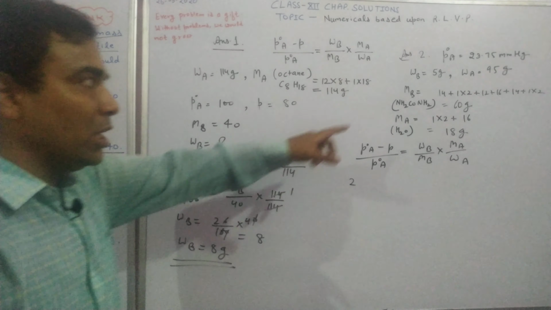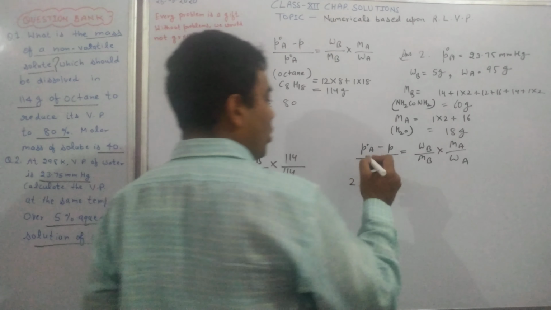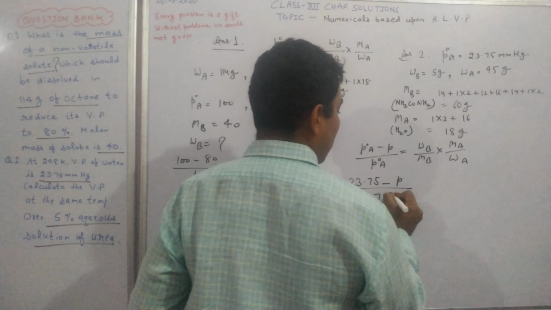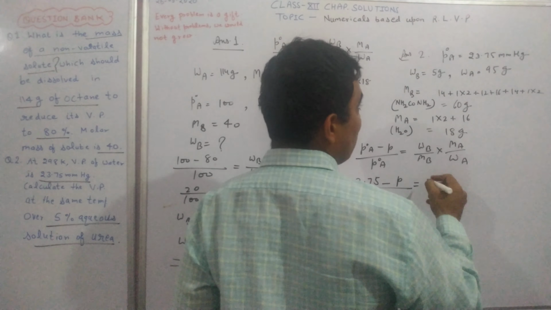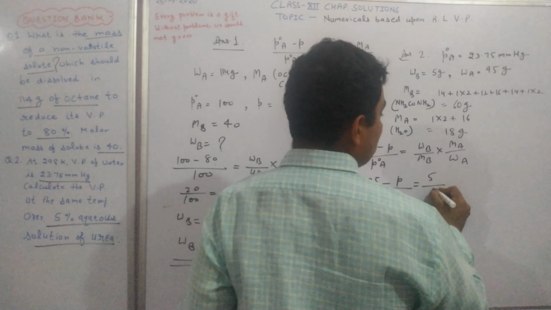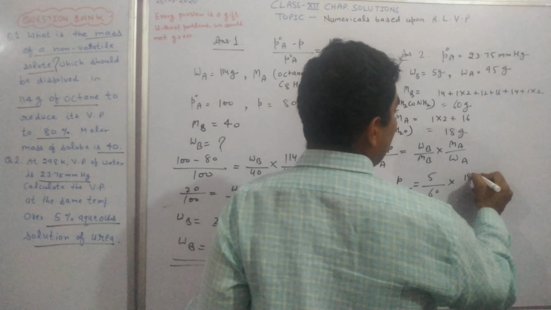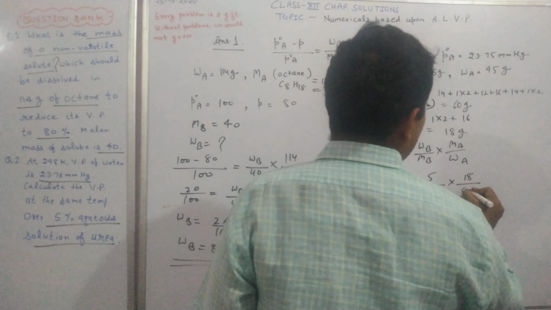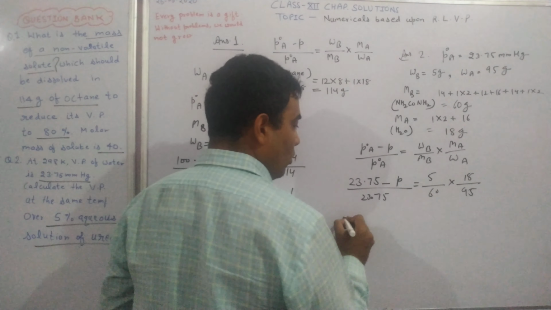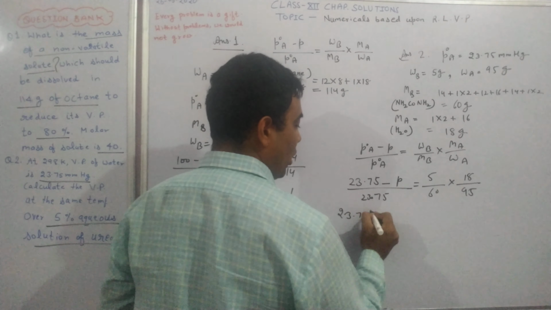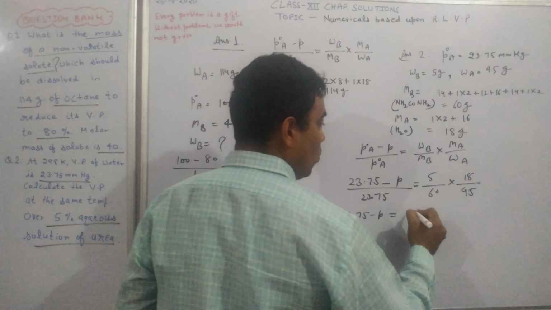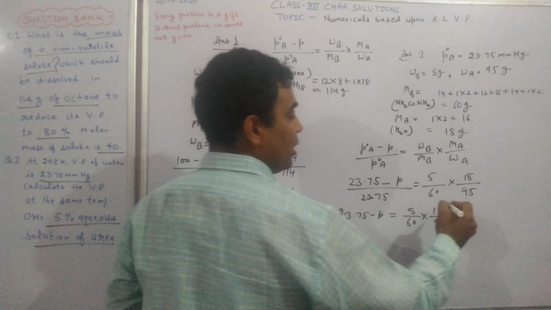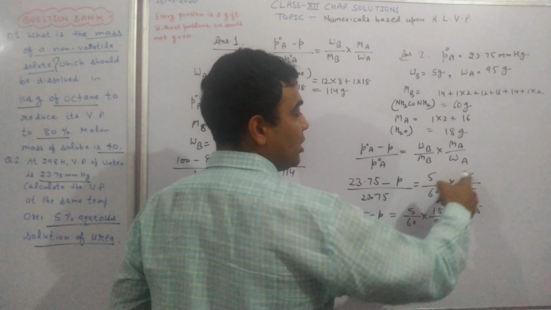So the value of P naught A is 23.75. 23.75 minus P divided by 23.75 is equal to WB, given to us, that is 5, divided by MB 60, into MA 18, divided by WA, which is 95. So 23.75 minus P equals 5 divided by 60 into 18 divided by 95, into 23.75. ये टर्म आपकी इस तरफ चली जाएगी.